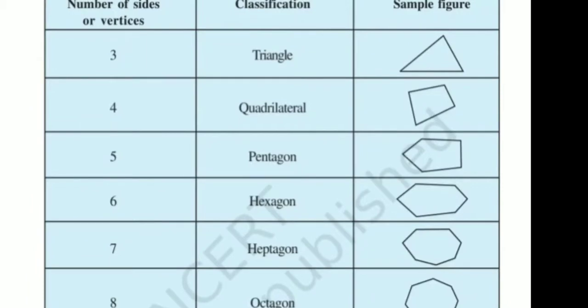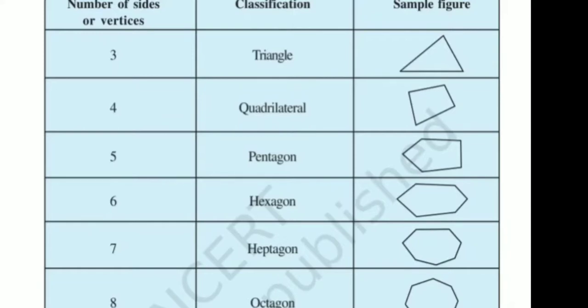So the first is number of sides or vertices, classification and sample figure. If there are 3 sides and 3 vertices, the figure is called triangle. If the number of vertices or sides are 4, the name of the figure is quadrilateral.